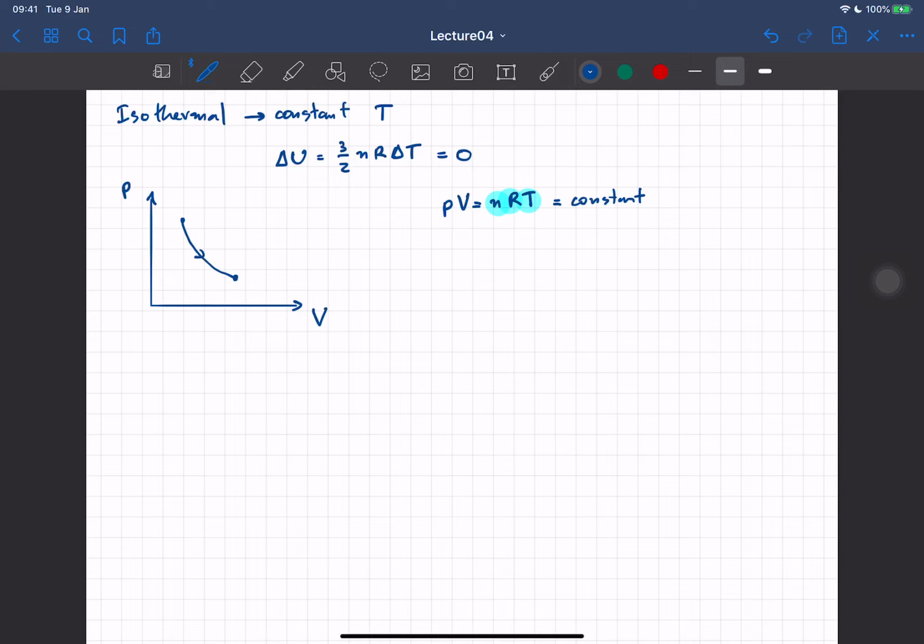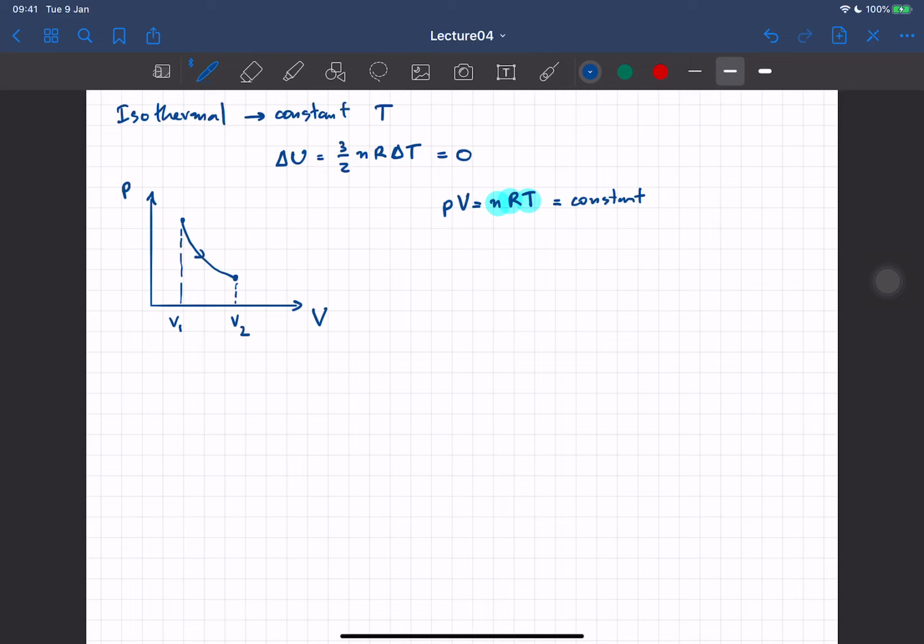Okay, you have to follow this one. You cannot just go straight like this. That's not a hyperbola. That will not keep the temperature constant. Okay, so it has to be a hyperbola from the first point to the second point like this. Okay, so V1 and V2.